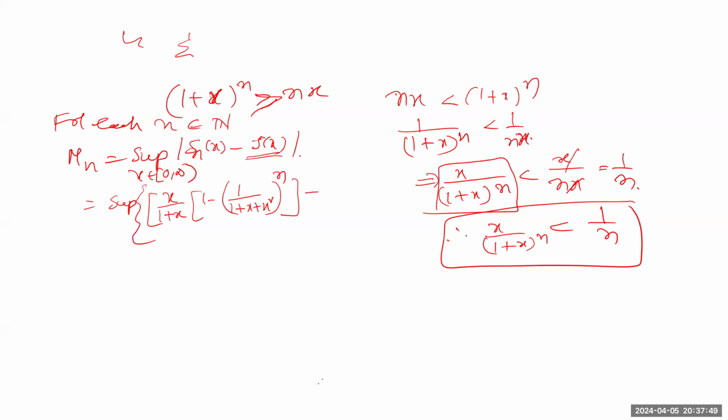S of x, what we proved, that is x over 1 plus x, where x belongs to 0 comma infinity, right? So here is x over 1 plus x, we can take out a common factor, right? Then what will happen? What is the value of that one?